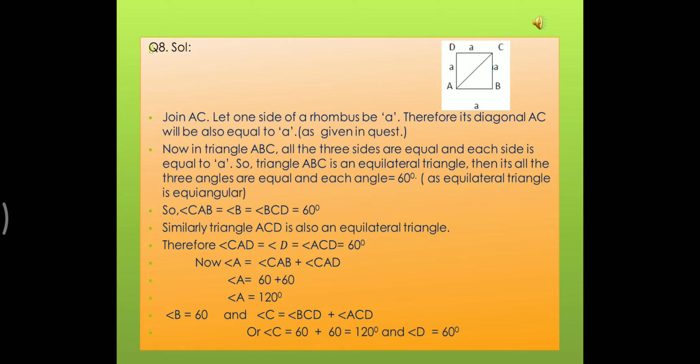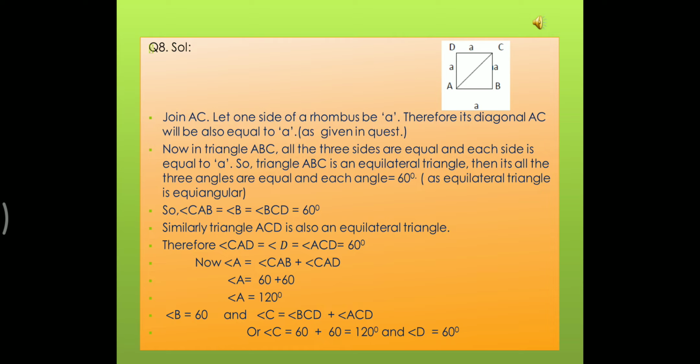Similarly, when we will focus on triangle ACD, it is also an equilateral triangle, and all the three angles are also equal. So the three angles of equilateral triangle ACD are angle CAD, angle D, and angle ACD, and each angle is equal to 60 degree.